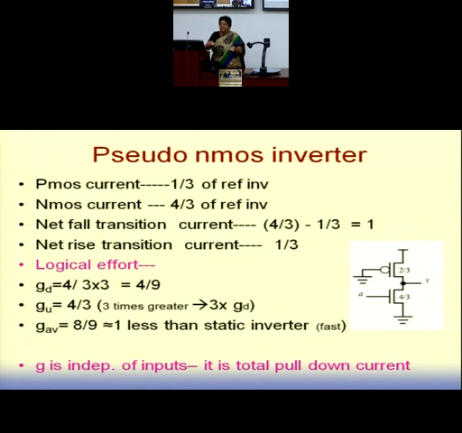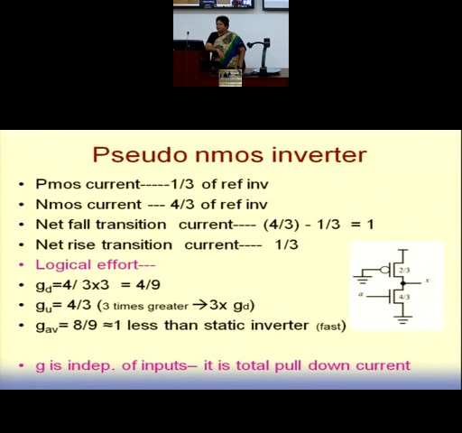Weaker means make it increase, because higher G means weaker. My pull up is 3 times worse in comparison to pull down. So whatever G down is, multiplied by 3, you get your G up. It comes out to be 4 by 3.